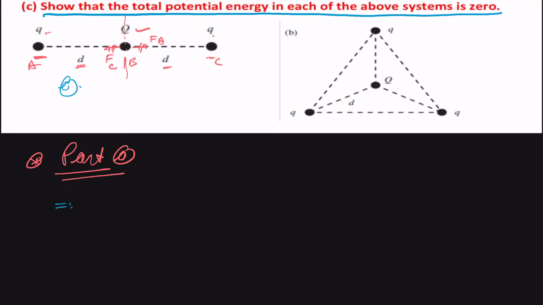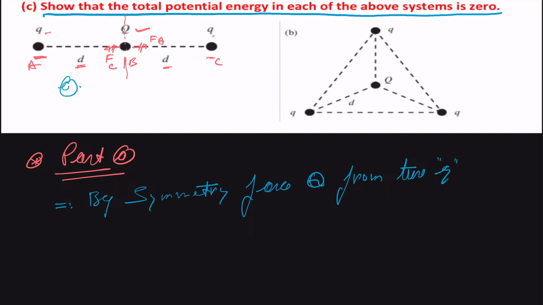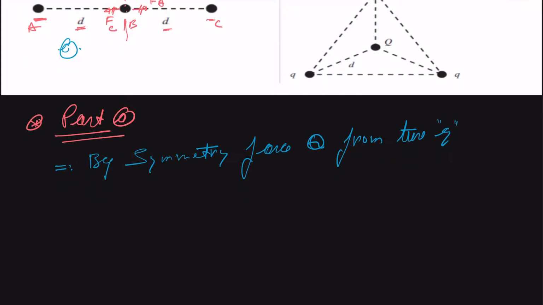So we can say that by symmetry the force on Q from the two small q cancels.